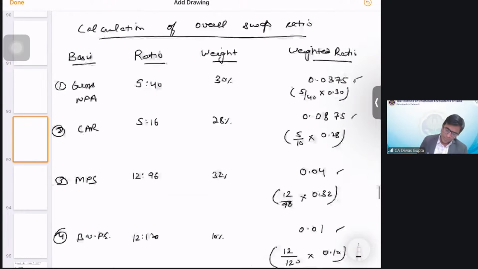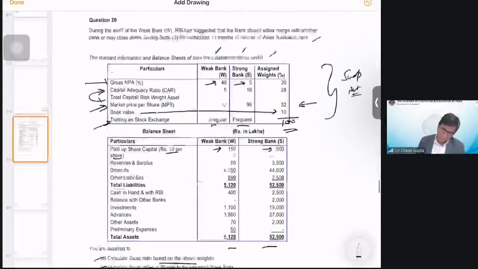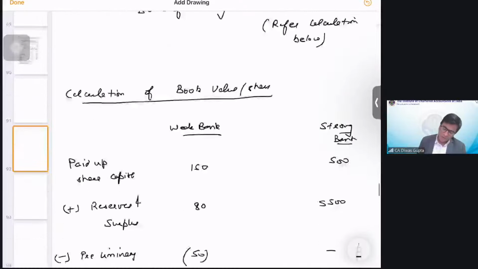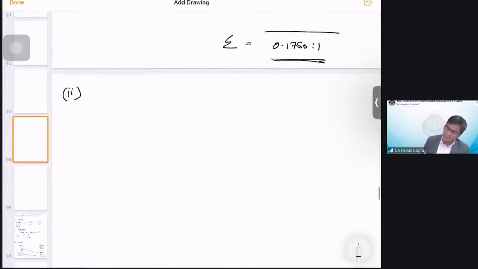Okay. The second part is now to ascertain the number of shares to be issued to weak bank. That's quite easy.